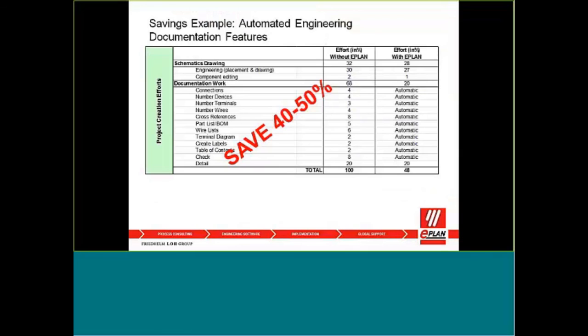I want to discuss this slide really quick with you. It's a savings example that we have put together after talking to our customers who came off of a CAD system and onto EPLAN. A lot of them see the biggest feature, besides the automatic wire numbering and the point-to-point connection, is the documentation work. By having all that documentation work done automatically for you, you save anywhere from 40 to 50% right out of the box.